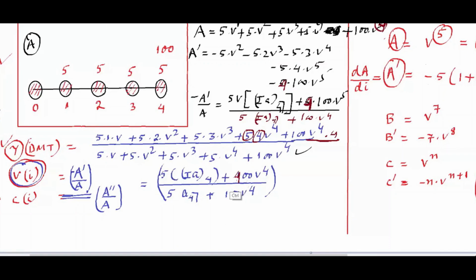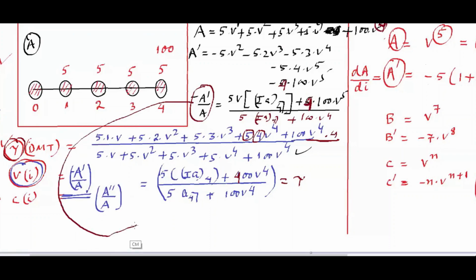So in tau also you have to make a little change. This is your tau. Now you see this is minus A dash by A, that is Vi. So if you take just v common here, things will match: 5 IA4 plus 400 v4 divided by 5 A4.